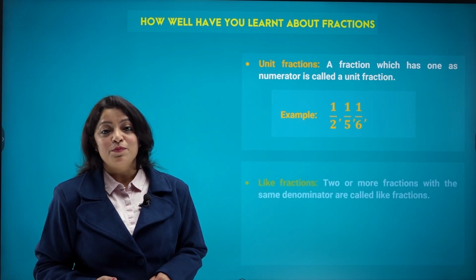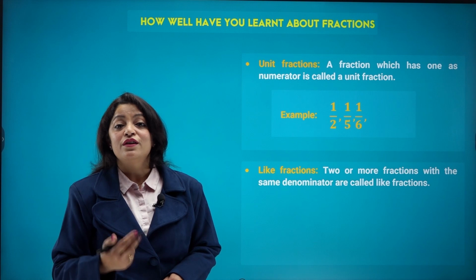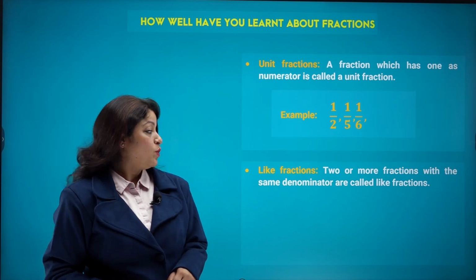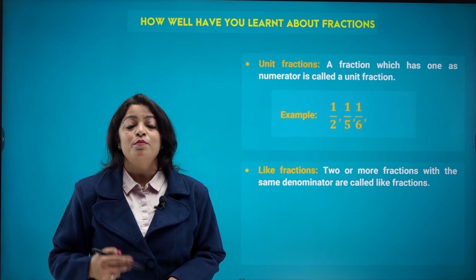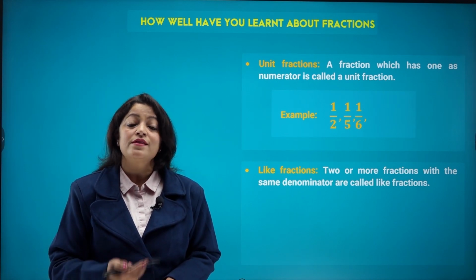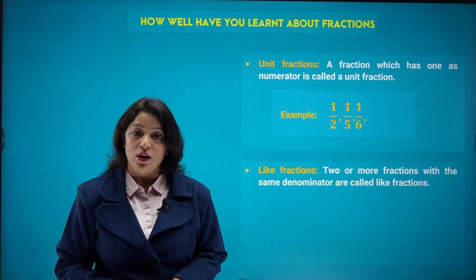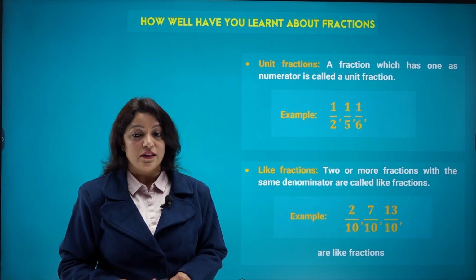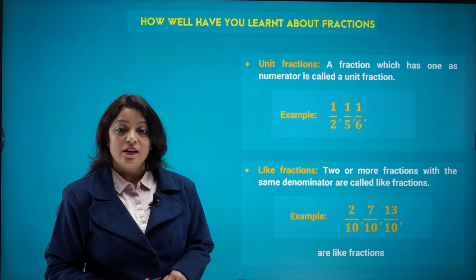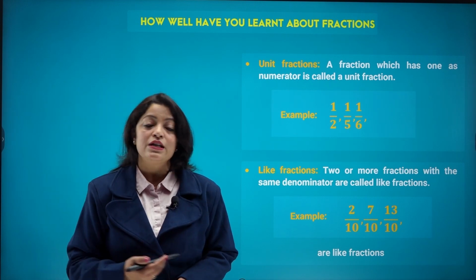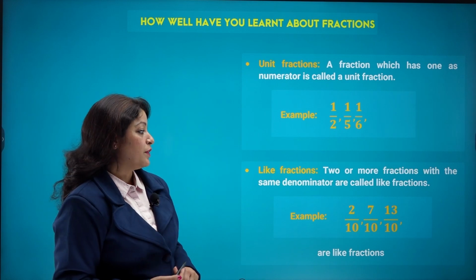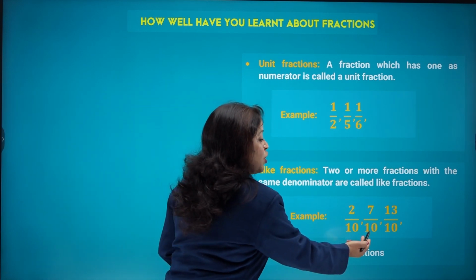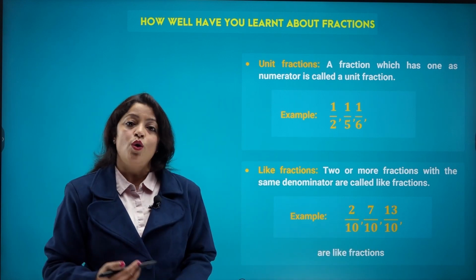The next type of fraction is like fractions. Now again, this is a new thing for you as well. We say 2 or more fractions with the same denominators are called like fractions. For example, if we take 2 over 10, 7 over 10, 13 over 10. Here, we can say they all are like fractions because we have the same denominator 10 in all these fractions.